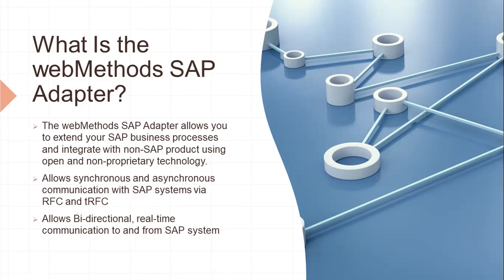We can also execute some remote function calls, which can be accessed using the SAP adapter. We will see that in the next slides. We can also route SAP business documents based on criteria which you can specify. There are different types of transport available.